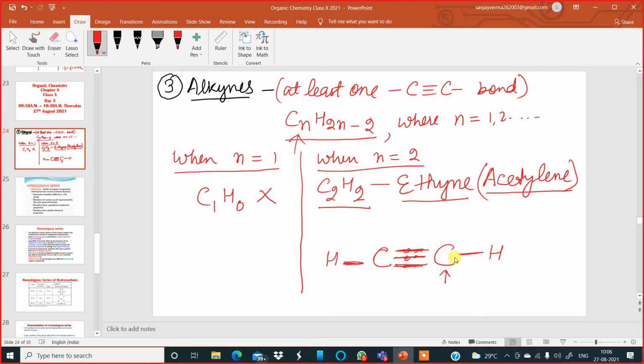Okay. Carbon has small size because its atomic number is 6 and it has only 4 electrons in its valence shell. Whereas silicon's atomic number is 14 and comparatively its size is bigger. For silicon, higher atomic orbitals are available.